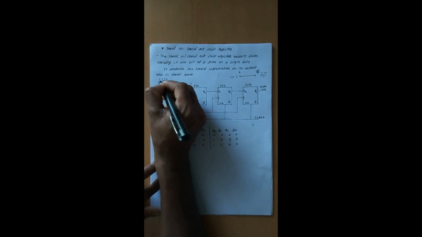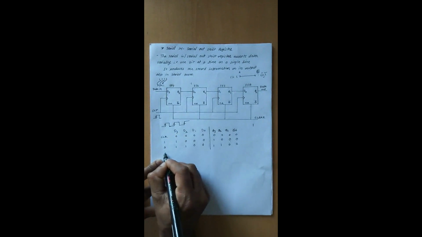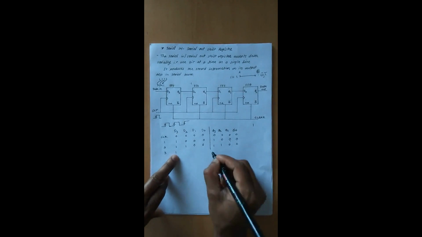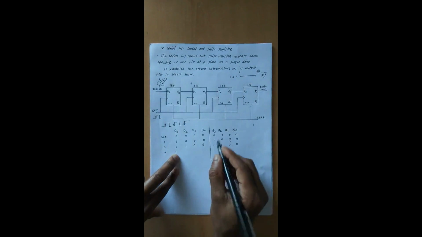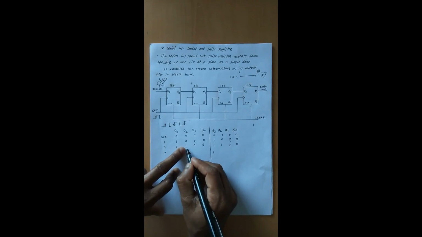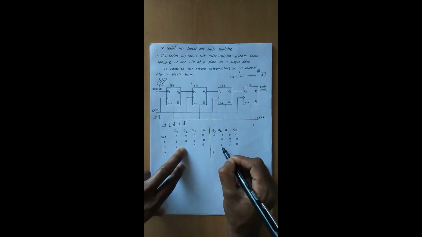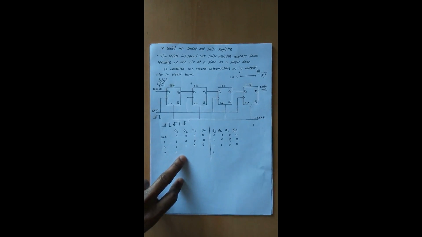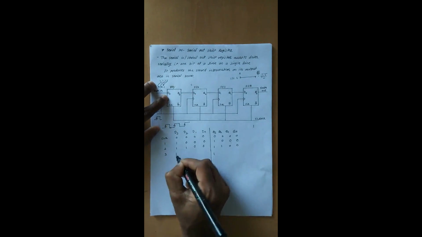Then we enter the third bit and apply the third clock pulse with the positive edge triggered. D3 is 1, so this D3 bit will be present at Q3. What is the value of D2? D2 is 1, which is present at Q2. D1 is also affected at the third clock pulse. Due to this 1, Q3 is also 1.